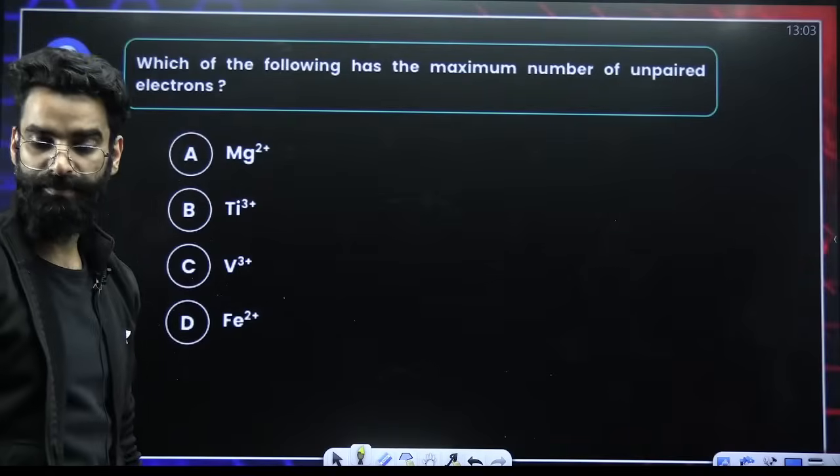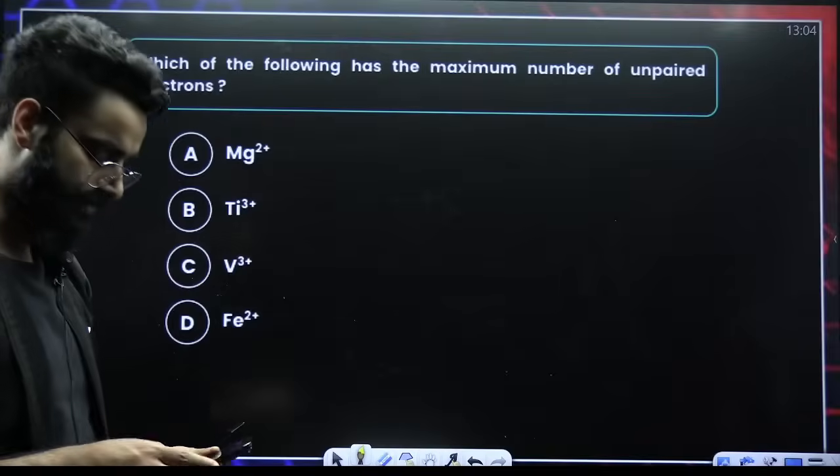Which of the following has maximum number of unpaired electrons? Quick.